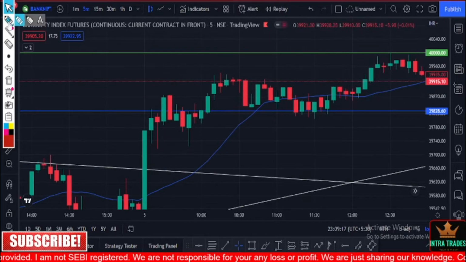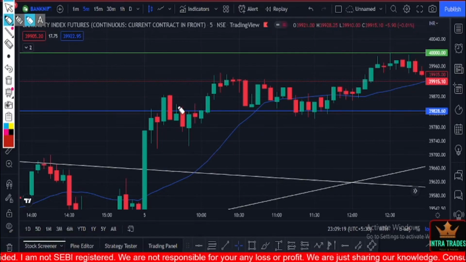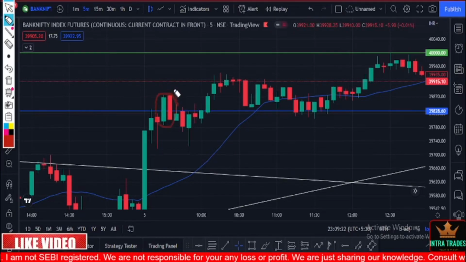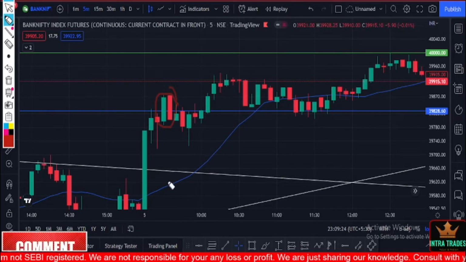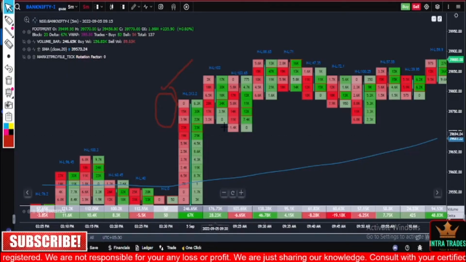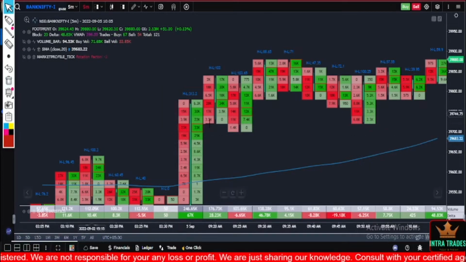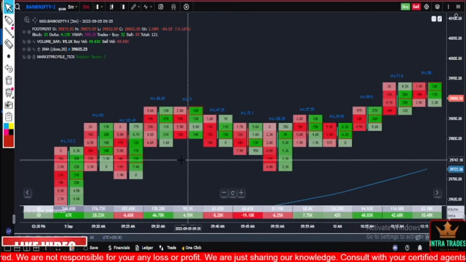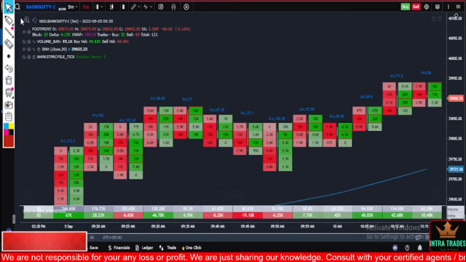So now again to the analysis. This candle breaks my resistance point. So what do I have to do now? I have to go and check the OFA, I mean the order flow analysis chart again, to see whether it has big buying or not.